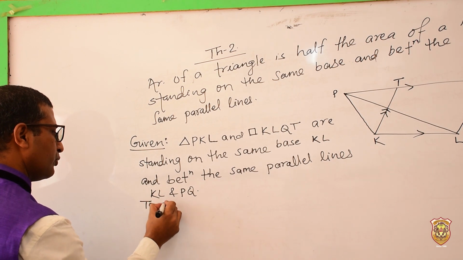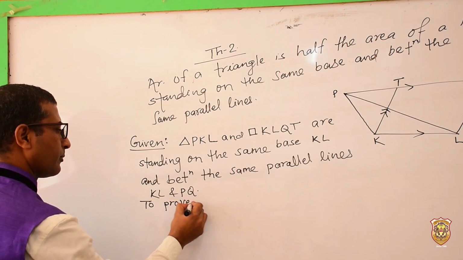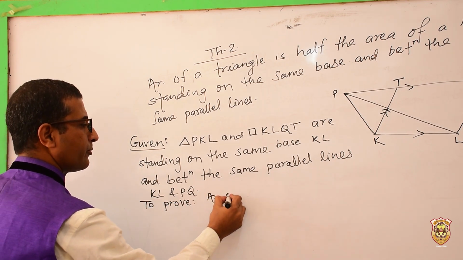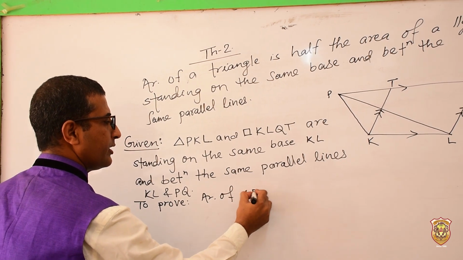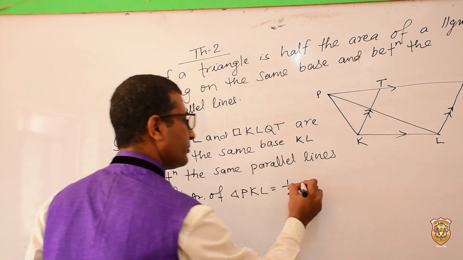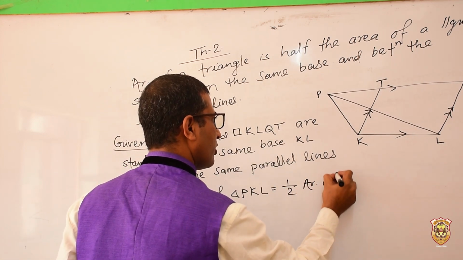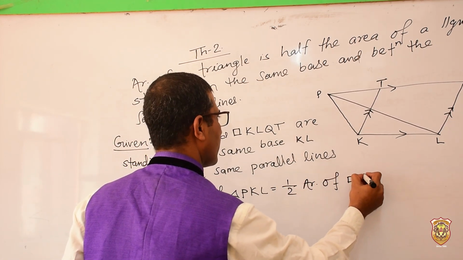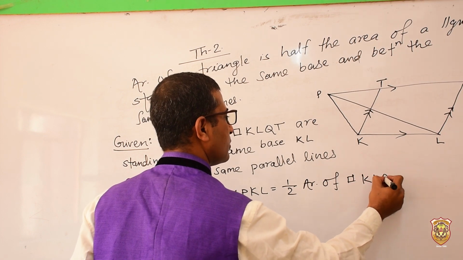We have to prove the area of triangle PKL is equal to half the area of parallelogram KLQT.